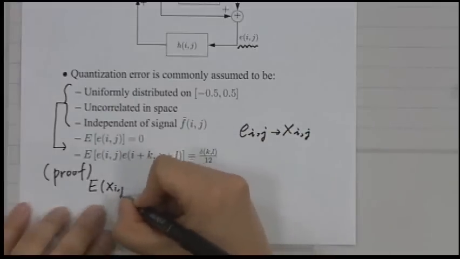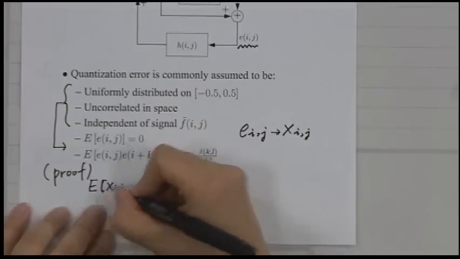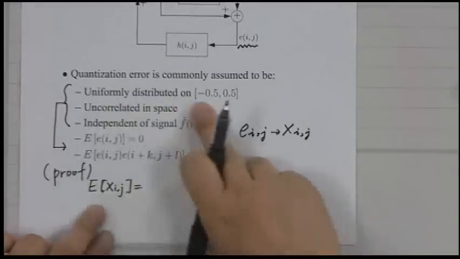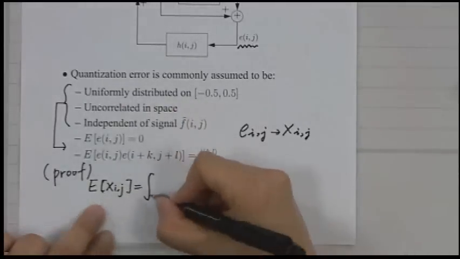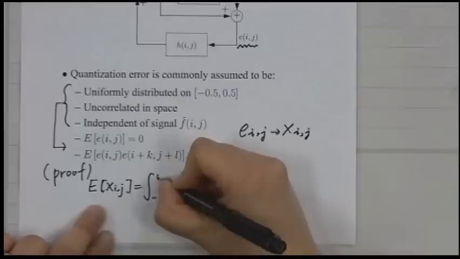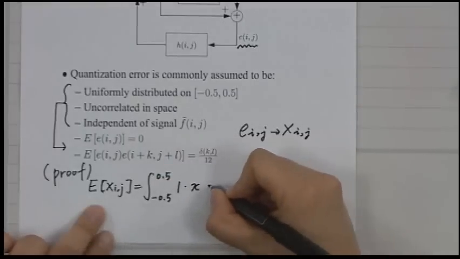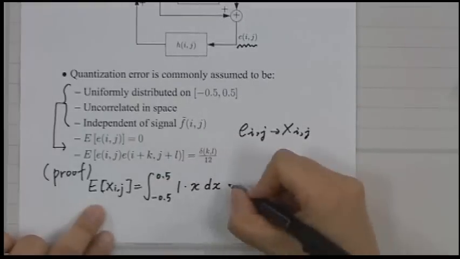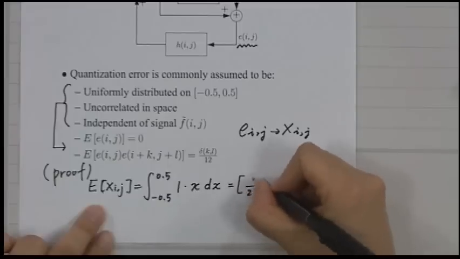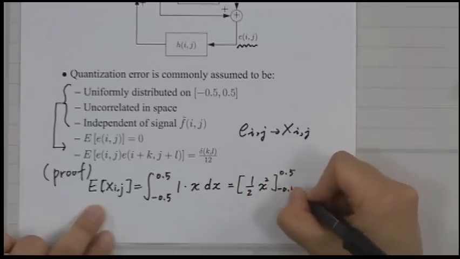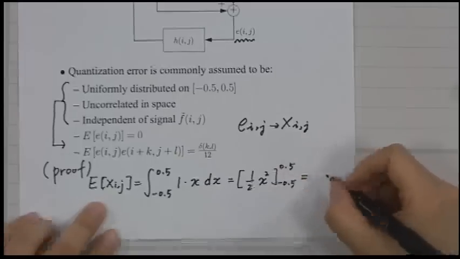The expectation of Xij, we assume this is a uniform distribution, from -0.5 to 0.5, of x dx. If we calculate this, the mean equals 0.